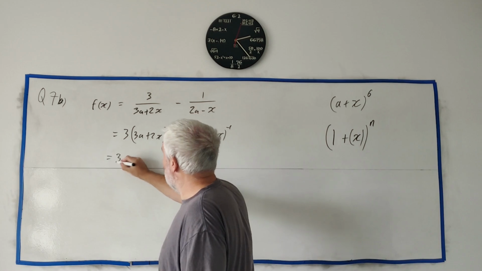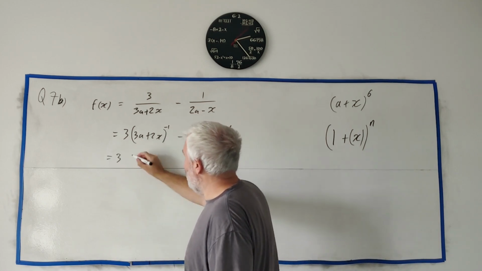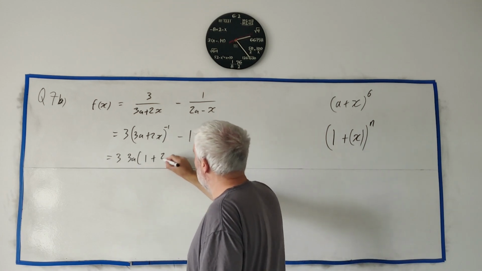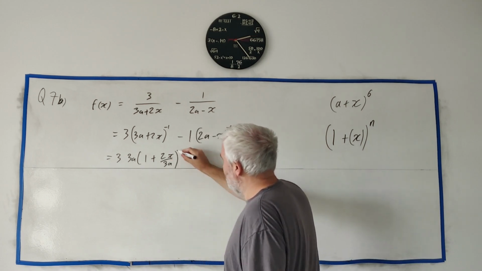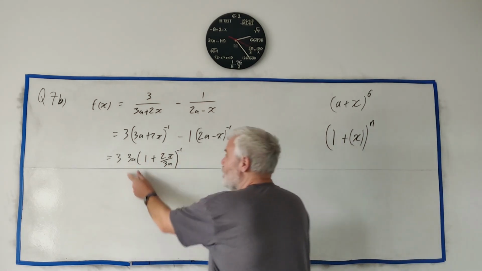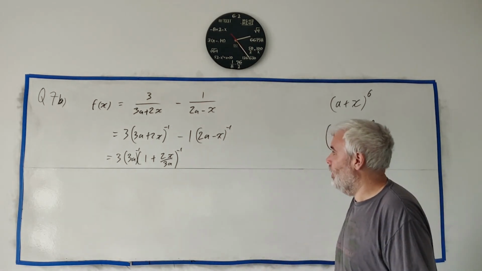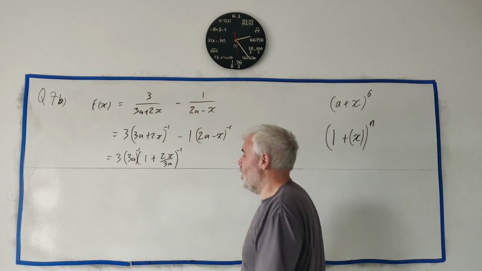So this is equal to 3. I'm going to have to be careful with some brackets here. If I take 3a outside of this bracket, we have 1 plus 2x over 3a. This is still to the power of -1. This guy came out of a bracket to the power of -1, so be careful. He still is the power of -1 there. Of course, this is just divide now, 3 divided by 3a.